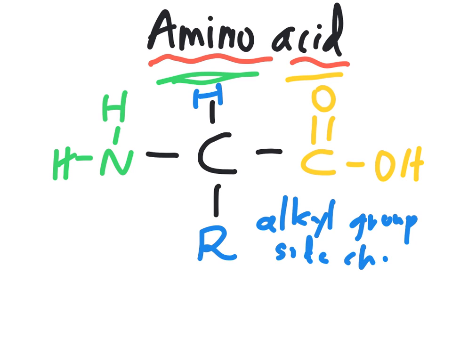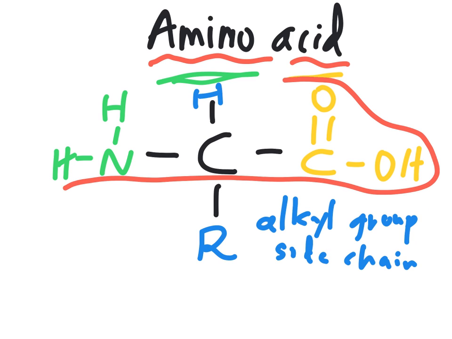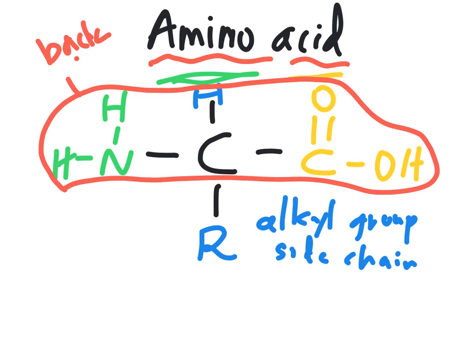Okay, so in nature we have 20 different amino acids. In all those 20 different amino acids, this part is the same, right? This is called the backbone. Only the R group is going to change. So in the very simple amino acid, which is glycine, this R is replaced by hydrogen. In all the others we have other elements also, right?